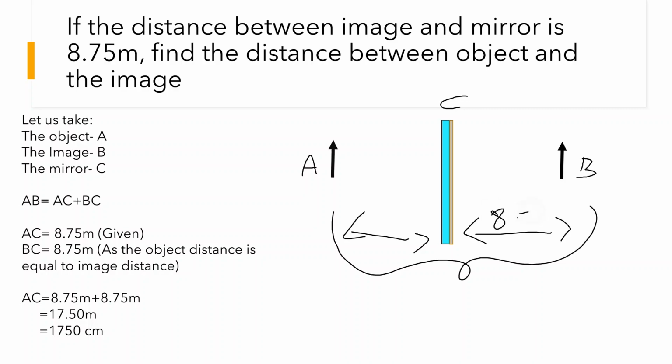Both will be equal. So AC plus BC is equal to 8.75 plus 8.75, which is 17.50 meter, which is also equal to 1750 centimeter. That's the right answer, option C. We'll go to the next question.